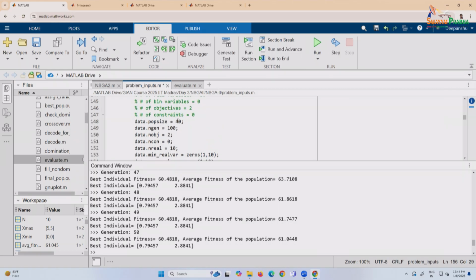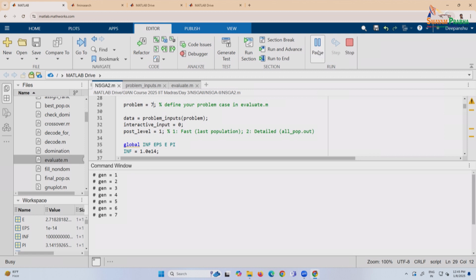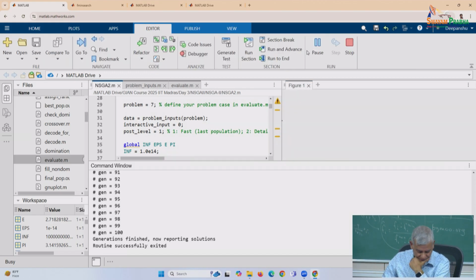So this is all defined, right? And now I can go to NSGA2 and choose the problem number 7. Okay, now it's running. Because there are many points, it's not displaying each of these points, it's storing them in a file. But here we have hooked it up with GNU plot, so it's going to show you a plot, I think.